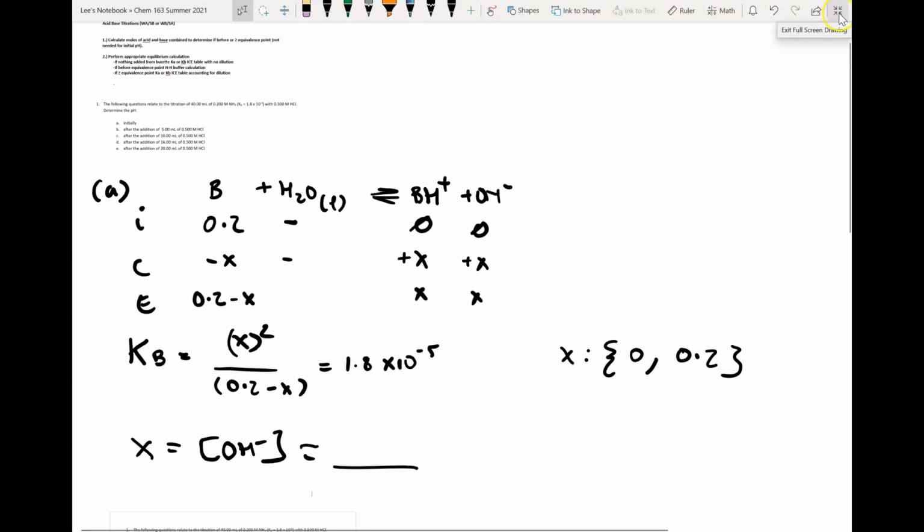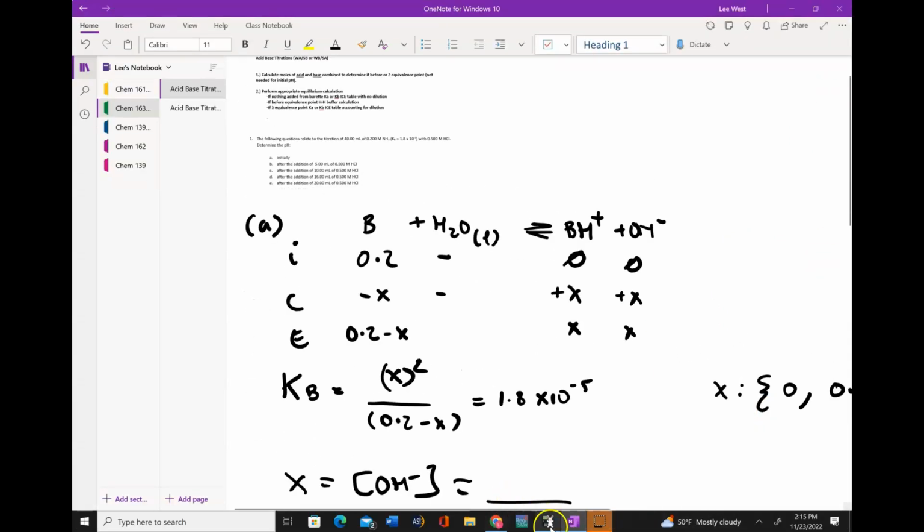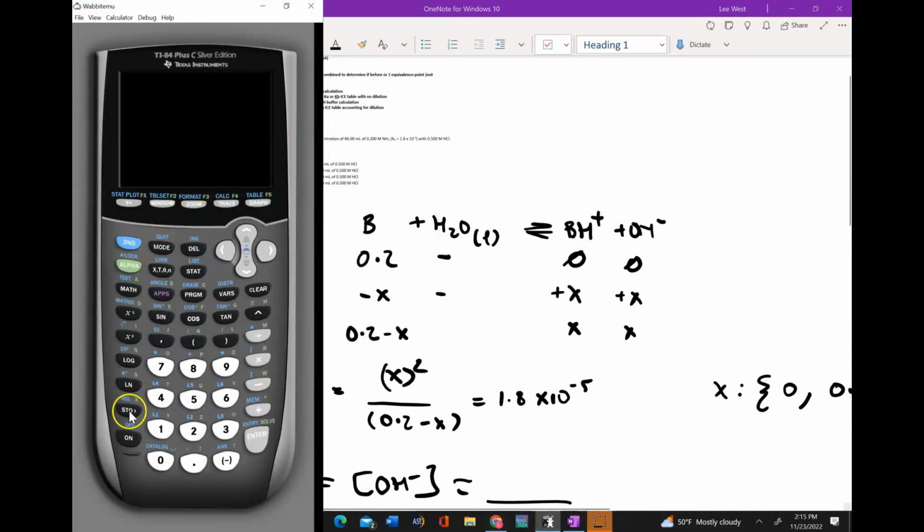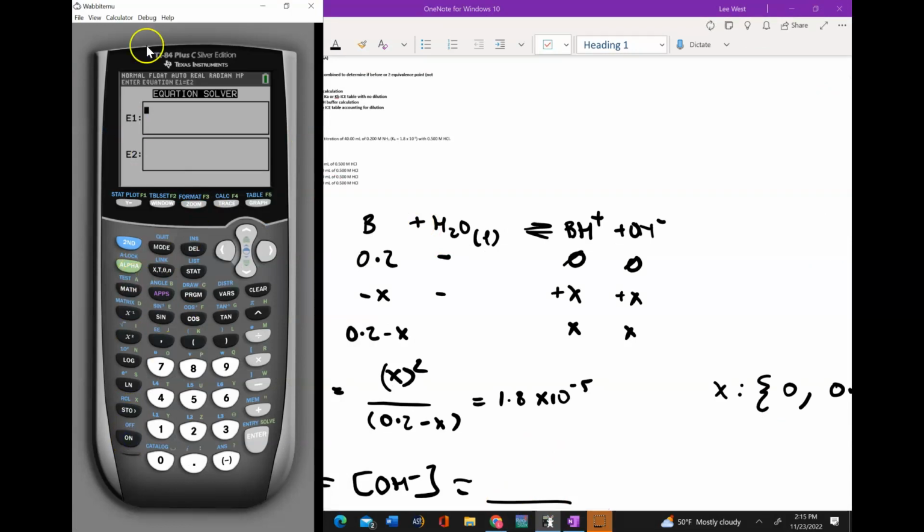Okay, so I have to go out of the full screen mode to pop my calculator up. It's kind of annoying. So turn my calculator on. It's like I already set it up. Okay, so what we've got is x squared divided by 0.2 minus x, and then that is equal to 1.8 by 10 to the minus 5.